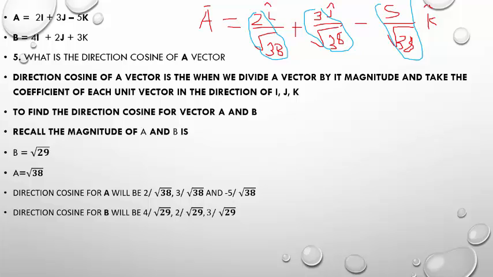So for A now, the direction cosine will be 2 divided by root 38, 3 divided by root 38, minus 5 divided by root 38.